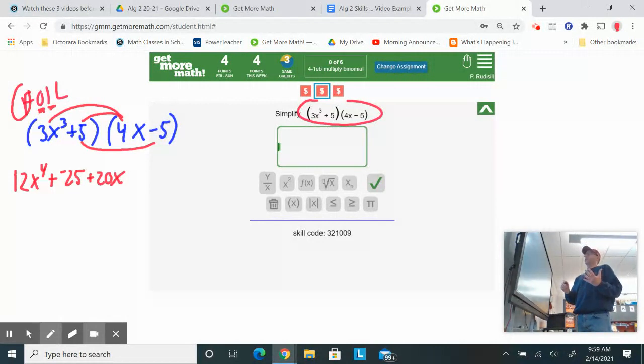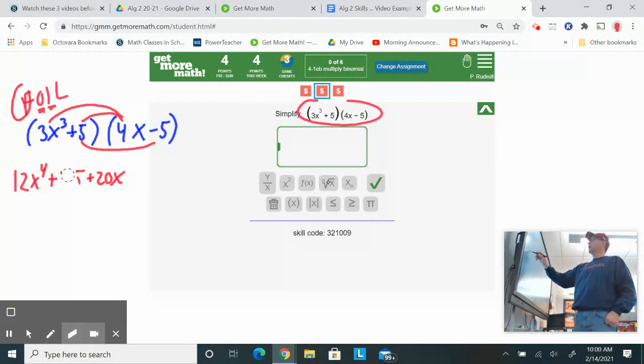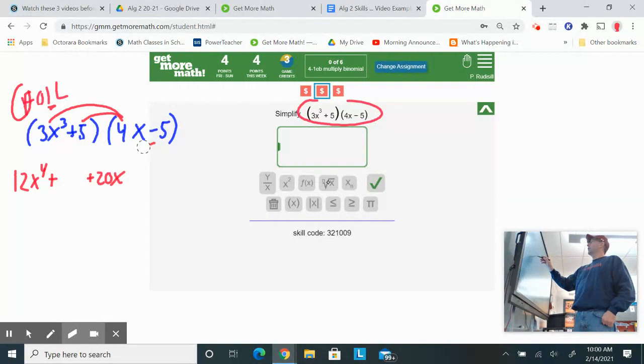When I did the outers, when I did the negative 25, I actually did the last. That was this one here. So isn't that a shame? I messed up on the first example, but hey, mistakes happen.